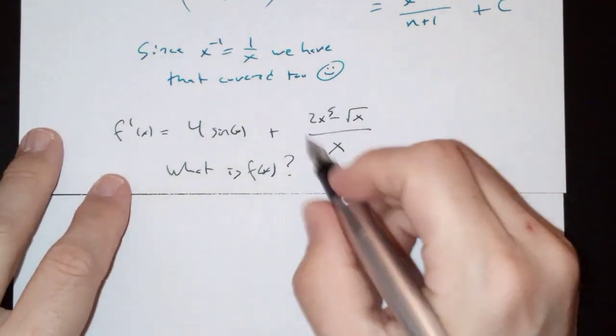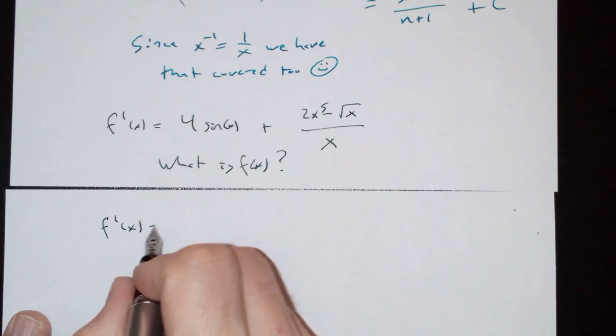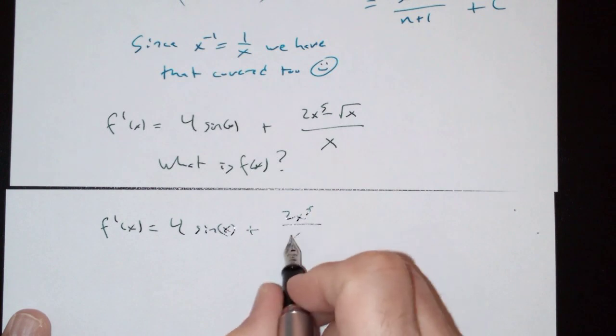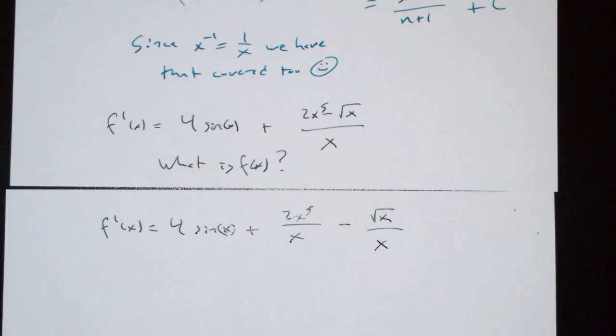So I'm going to rewrite this part as two separate pieces: 2x to the fifth over x minus square root of x over x. Simplify those last two pieces.